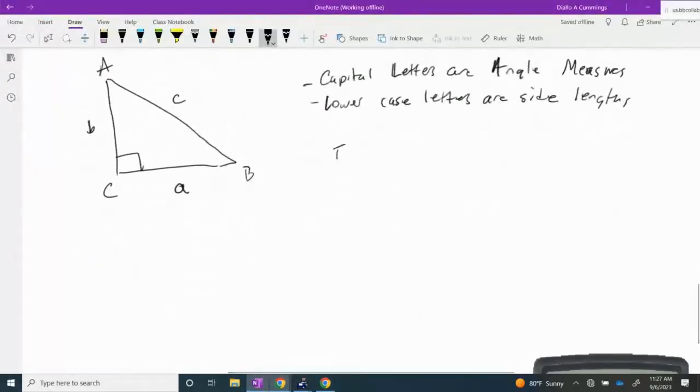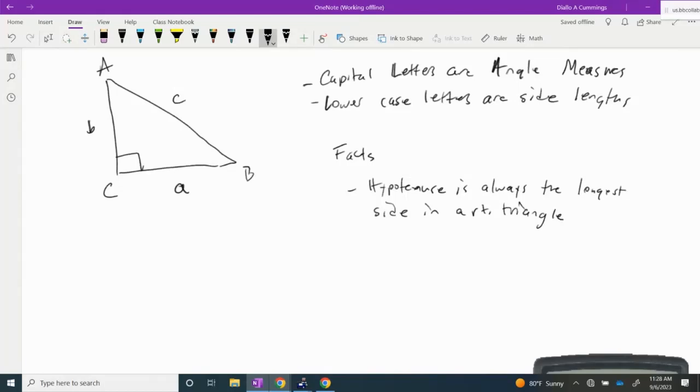There are, and this is just a fact, the hypotenuse is always the longest side in a right triangle.